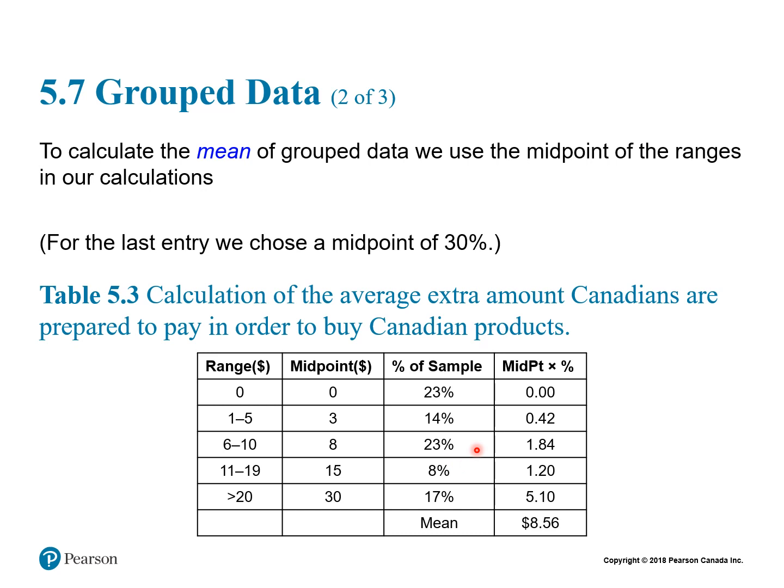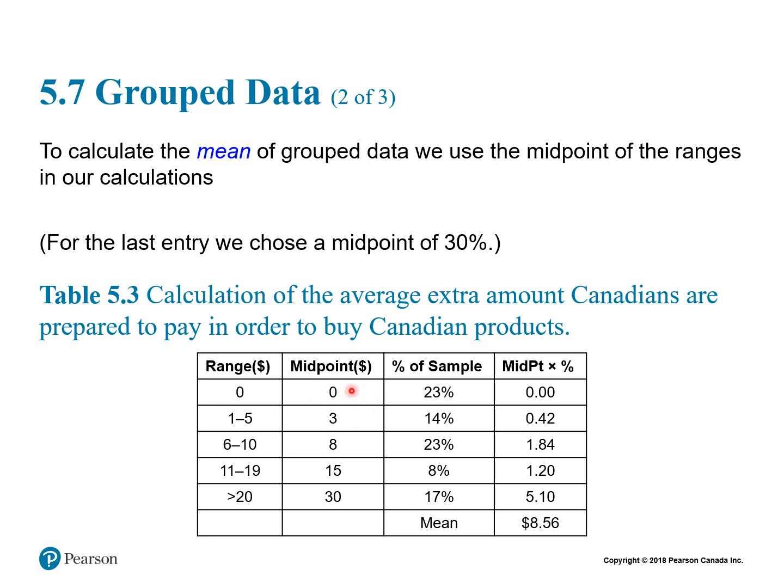But we know from variance that if we want to calculate the variance, we need to get the difference between this point and the average. That means 0 minus 8.56, 3 minus 8.56, but we have to be very careful. After we get the difference, we have to square it.